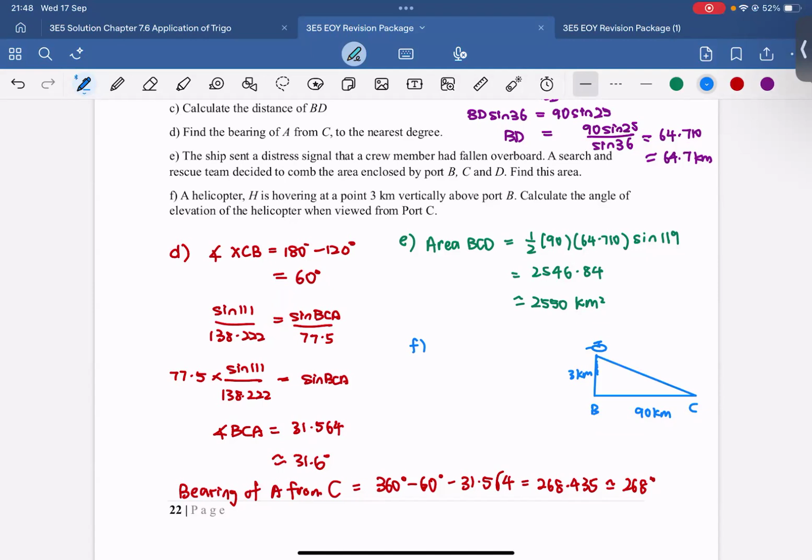Find the angle of elevation, which is this theta. So we just do tangent theta equals to opposite over adjacent. So theta equals to tangent inverse 3 over 90. Get 1.909, round off to 1 decimal place, 1.9 degree.